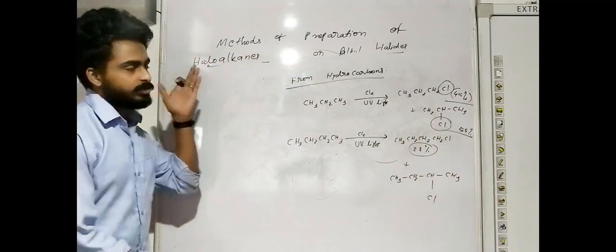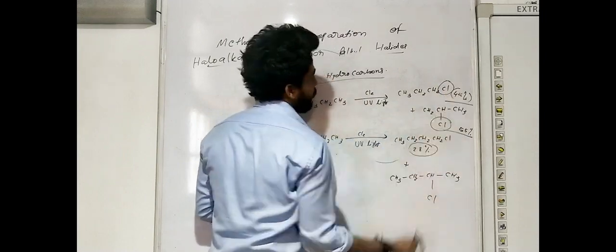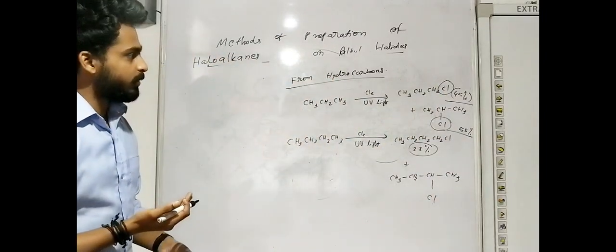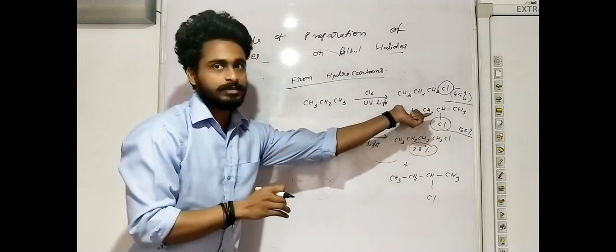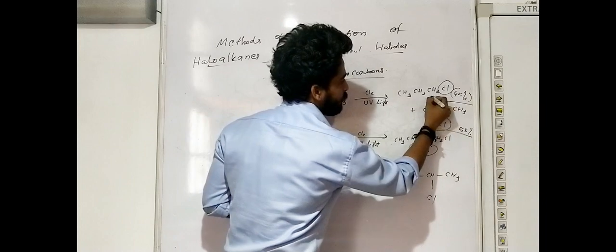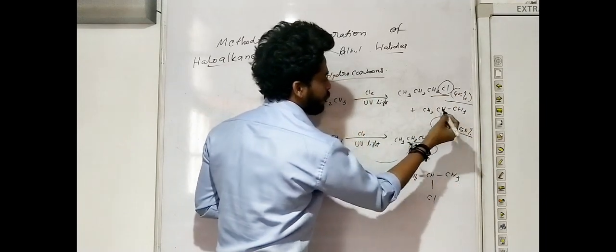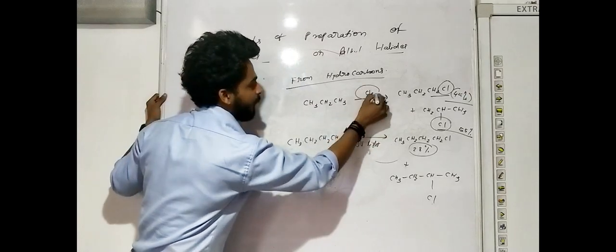Why is there a change in yield? That is what we have to understand, because it's very easy to understand the reaction, but it's not very easy to understand why it is happening like this. Got it? So here this is 1-chloro, this is 2-chloro. We have to understand why, as this is an example of a free radical reaction.